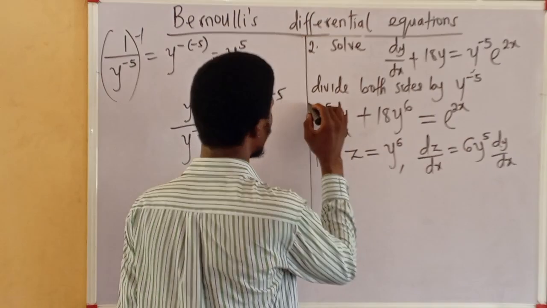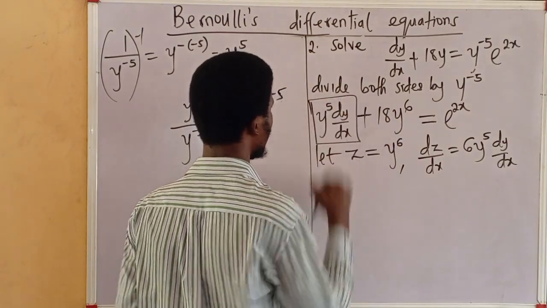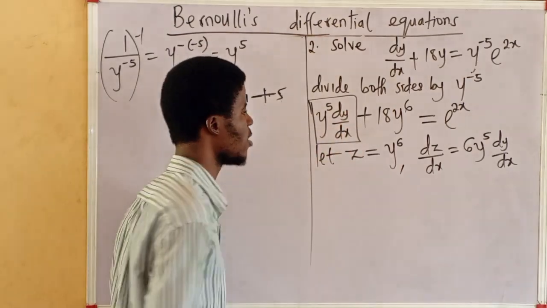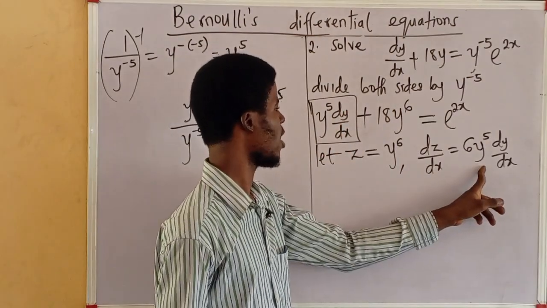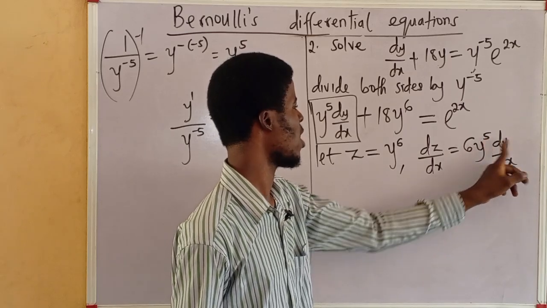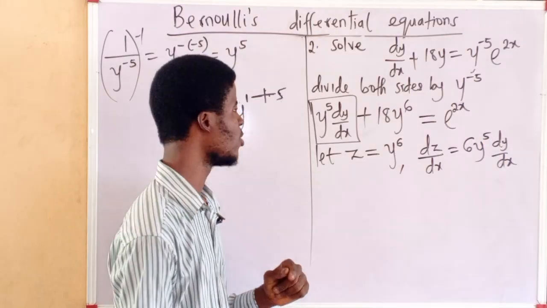So if I look at this very well, this first term here, I have y to the power of 5 dy/dx. And if I look at this now, I can see 6y to the power of 5 dy/dx. Two things can be done.